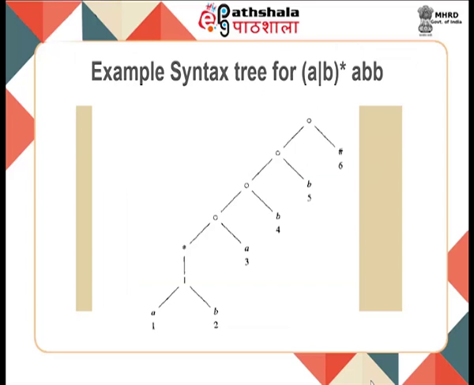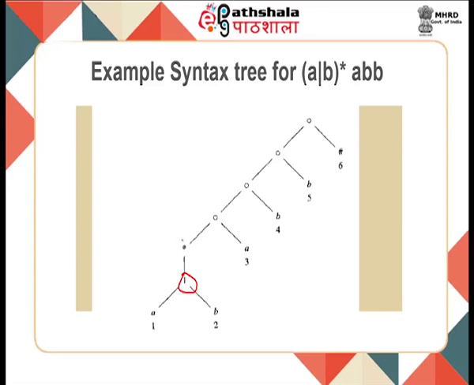Let us take the same example which we used in the previous modules, where we have the expression (a or b) the whole star followed by abb. What we have here is (a or b) the whole star, therefore, it is either a or b. This is going to be the OR node, and then star of that.